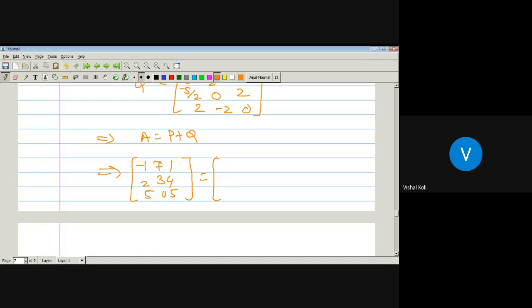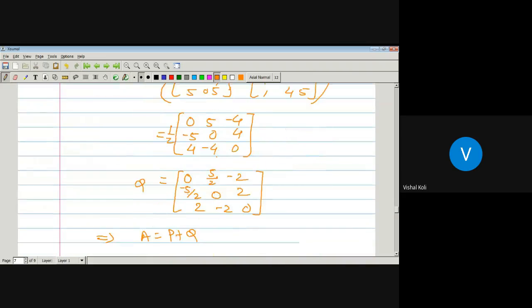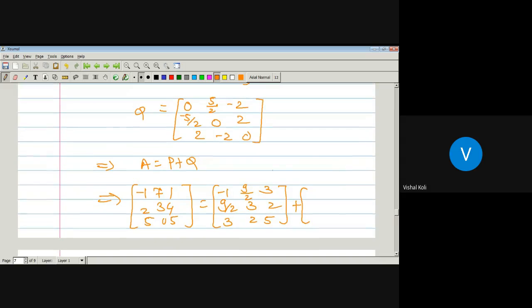P is nothing but this one: minus 1, 9 by 2, 3; 9 by 2, 3, 2; 3, 2, 5, plus this matrix Q: 0, 5 by 2, minus 2; minus 5 by 2, 0, 2; 2, minus 2, 0.